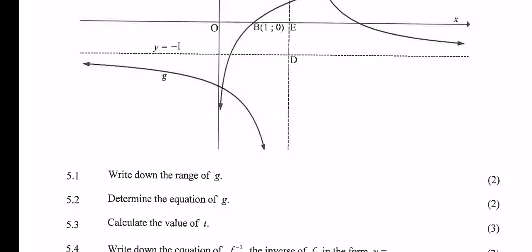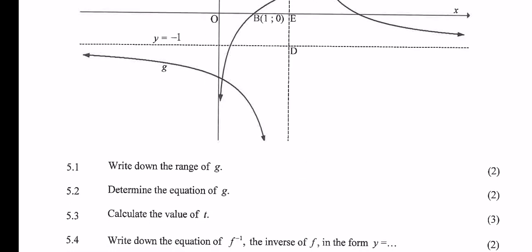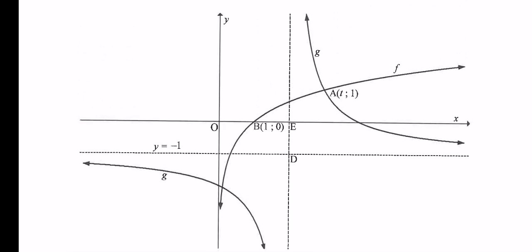Now the range is all real values of y, but y cannot be equal to -1. That is an imaginary line the graph approaches, but it will never cross. Now determine the equation of g.